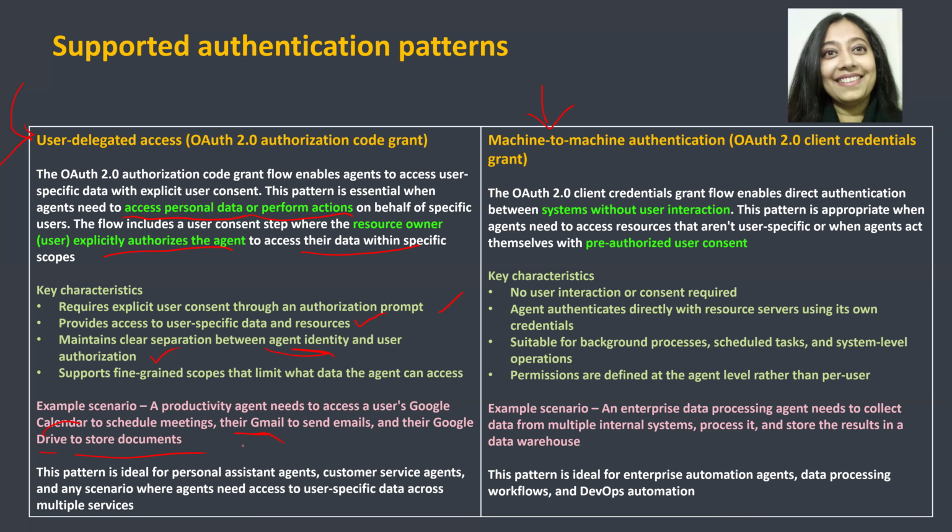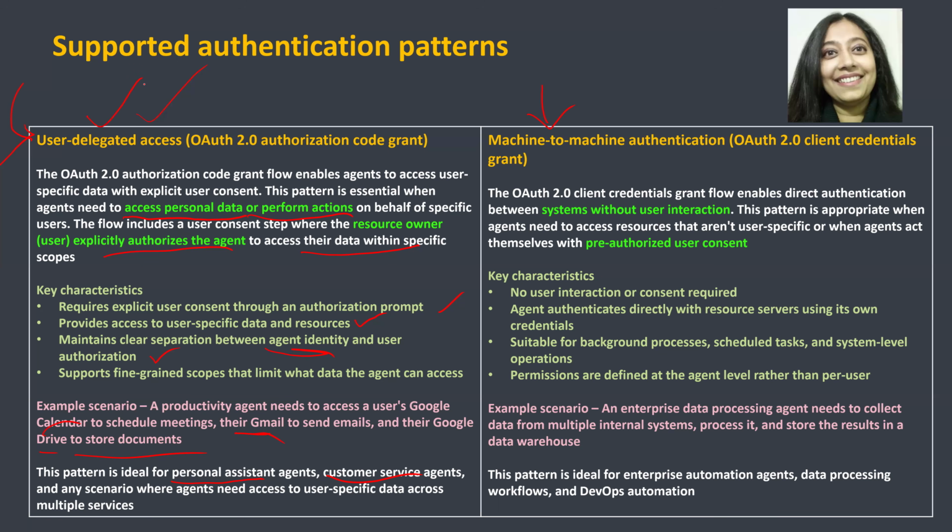So this kind of pattern is typically used for personal assistant agents or customer service agents, or any scenario where an agent needs explicit access to user specific data. The user has to provide consent. So that is user delegated access.